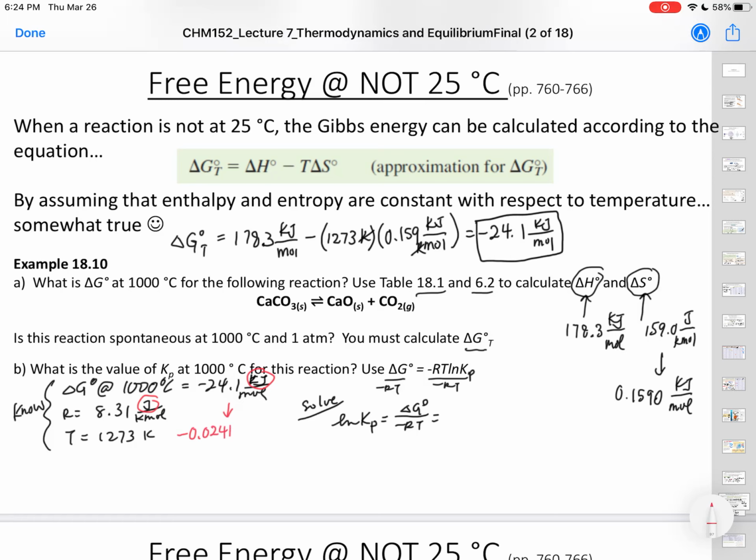You need to convert it to the same units. I would convert this to joules. So you're going to divide by 1,000.